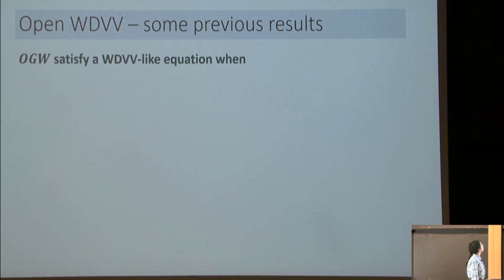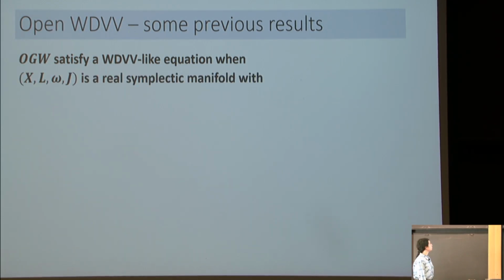Anyway, since we are talking about previous results, I will also mention results about WDVV, which I will go back to later, but for now you can think about it as a computational tool. All work so far about WDVV has been done only in the real setting, when there is an antisymplectic involution.